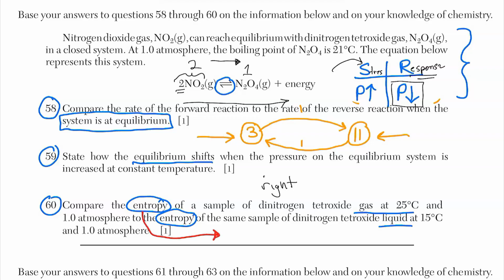Entropy is the measure of randomness. It really is a measure of how energy disperses outward, but you can think of it as the spreading out of energy. Things spread out naturally in nature.